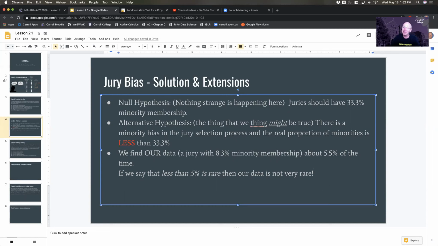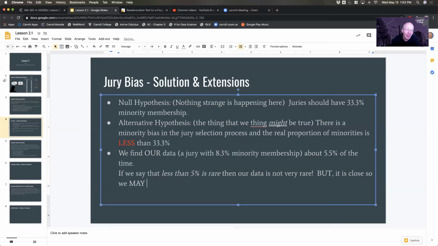In other words, yes, it happens near 5% of the time, but not really less. But I want to warn you against making a black and white decision here. Our data is close to 5%. So if our arbitrary cutoff was maybe 6% to say rare versus not so rare, then we would call 5.5 rare. But it is close.